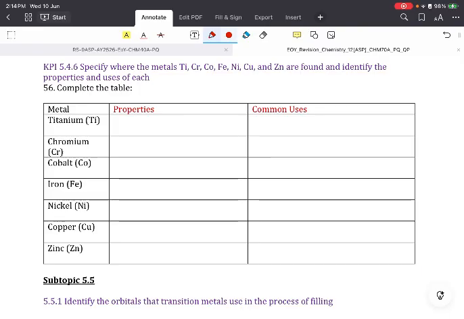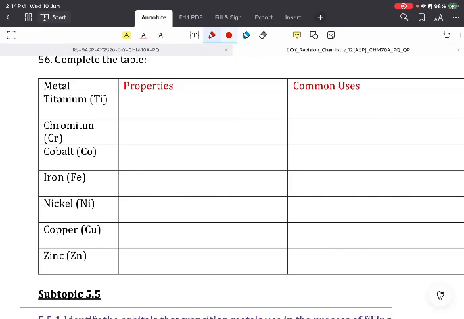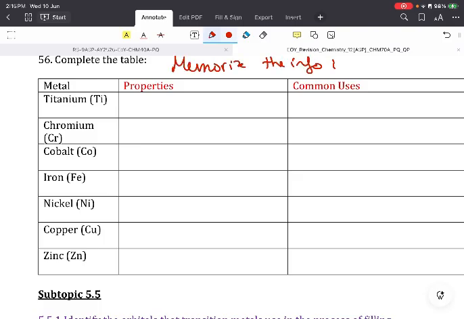Moving on. Complete the table below. Now we have metals, and we need to learn about their properties and their common uses. The best thing is to memorize the information in this table. Now, let's look at the things that we really know.